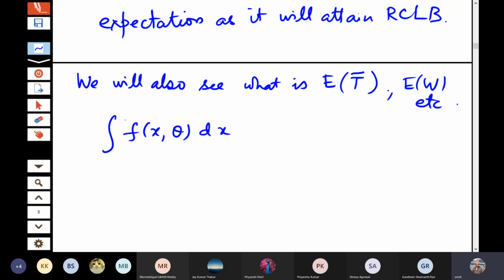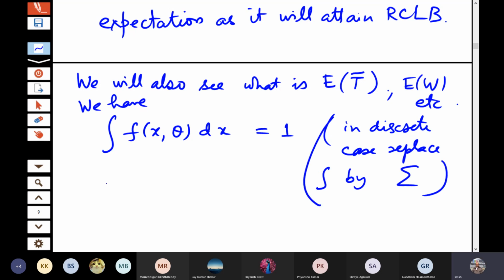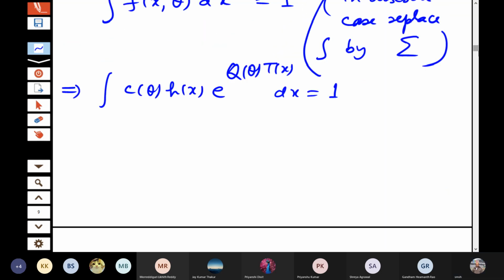It is more elegant mathematically to write the integrals. So without any failure, I am just writing like this. Replace integral by summation. Okay. So now you write the form here, because this is c(theta) h(x) e to the power q(theta) t(x). Okay. And this you differentiate with respect to theta.